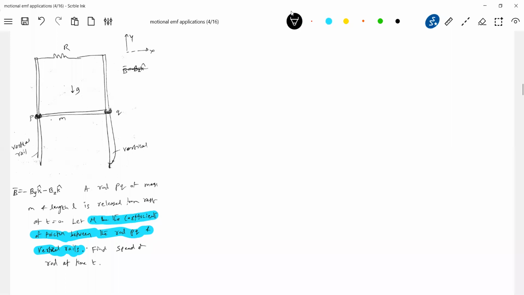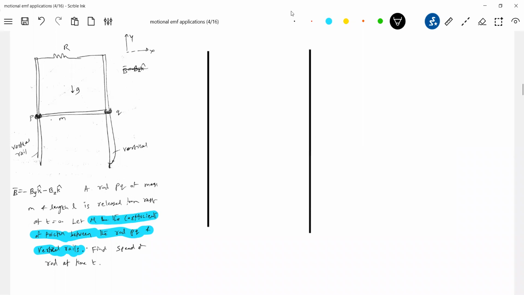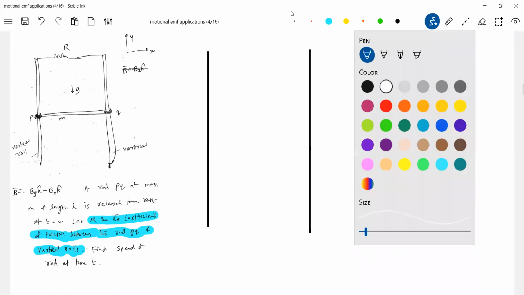I'll get into the problem. So let this be. Sir, it is minus B_y j cap or k cap, sir, in the question? Minus B_y, another is j cap. Some misprint occurred.